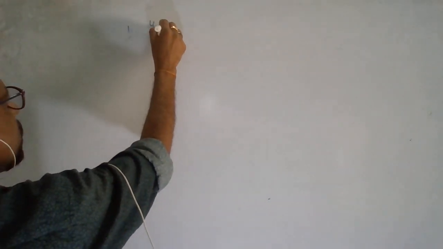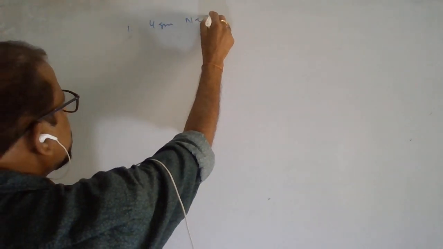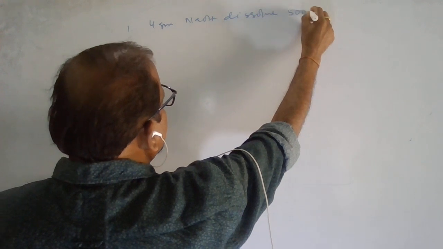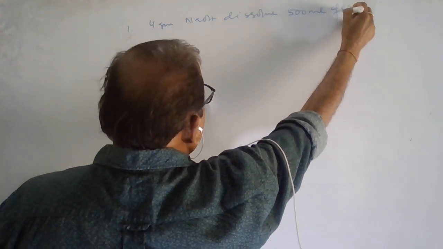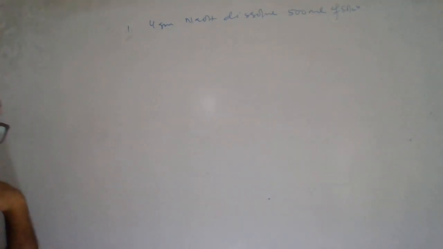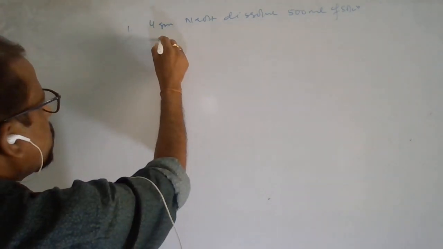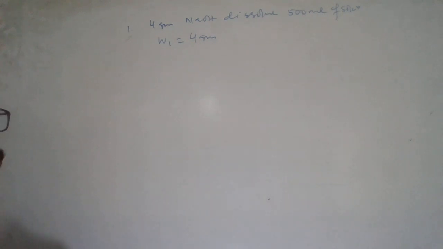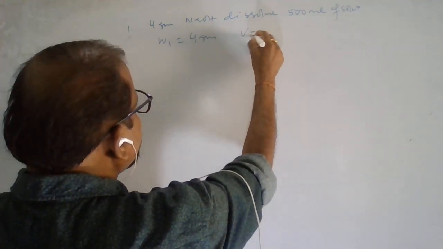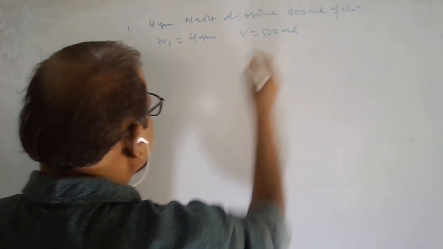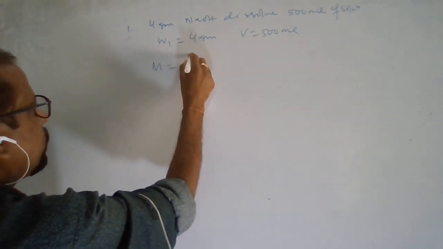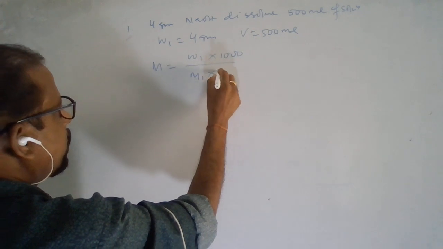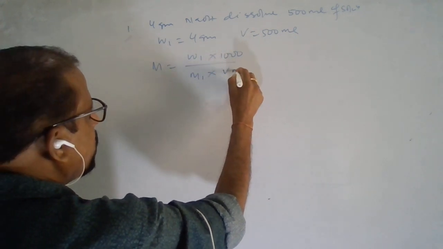Suppose 4 gram of sodium hydroxide is dissolved in 500 ml of solution. Here W1 is 4 gram, and the volume is 500 ml. So the molarity is equal to W1 into 1000 by M1 into volume in milliliter.